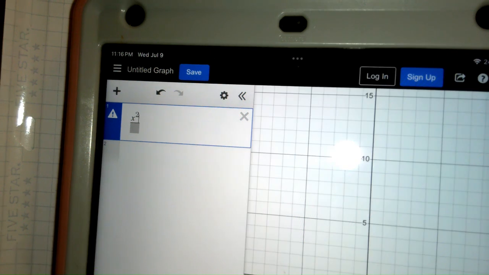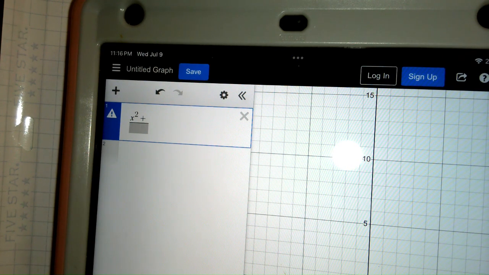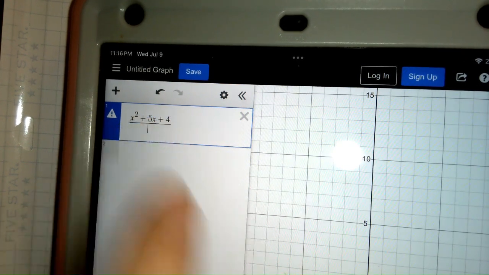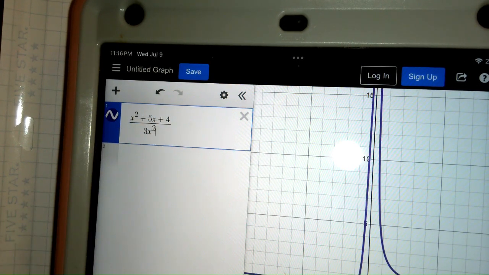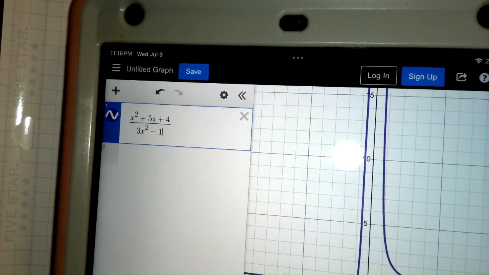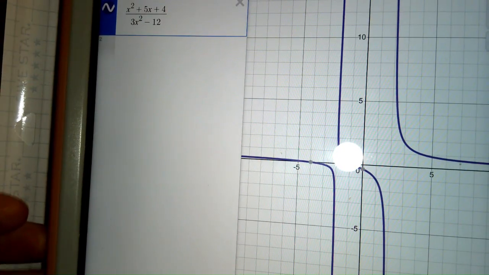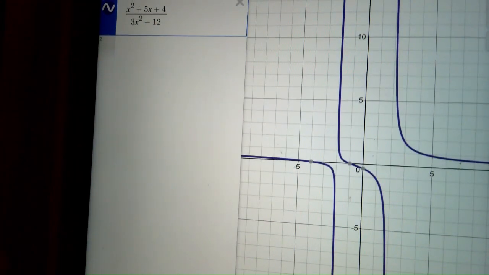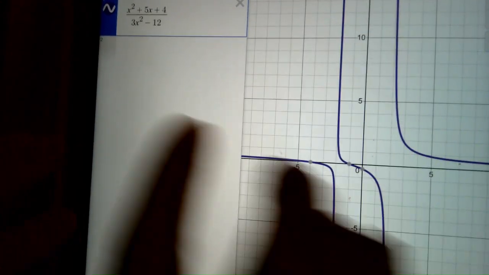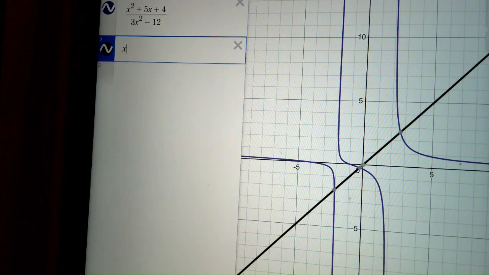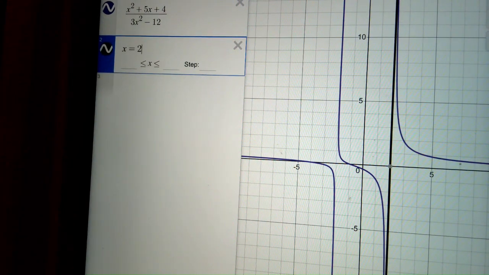Okay, there we go. Get that off there. And we said x equals 2, definitely a vertical asymptote.